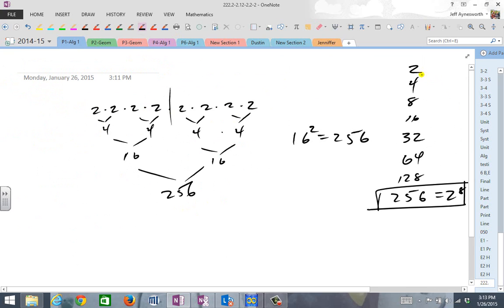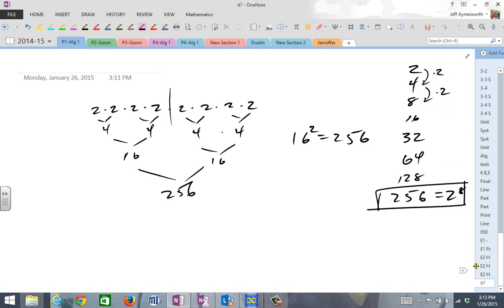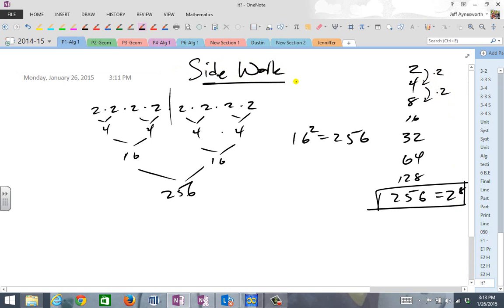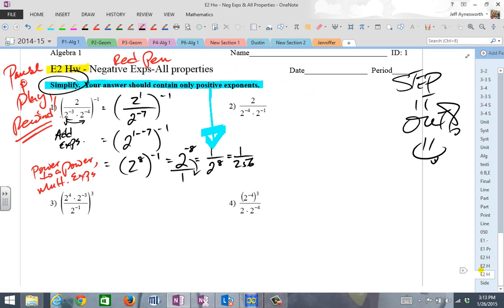We're doubling: 2, 4, 8, keep on doubling, times 2, times 2, all the way down until you get to the 8th. So do your side work. Have your paper out to the side and get your results. That's how they're all done here. You just have to play with it and get good at it.